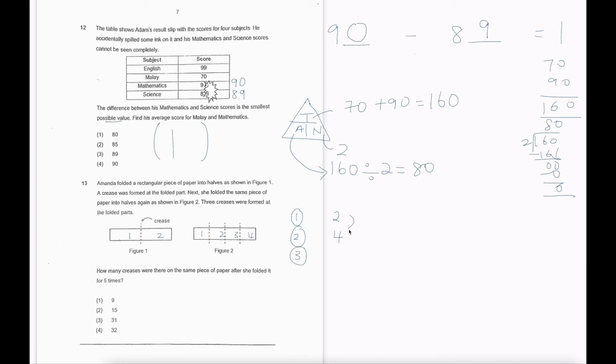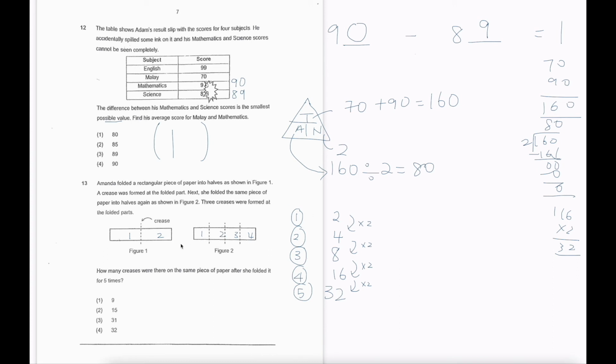My paper gets divided into, it's a multiplication of 2. Okay, so my paper gets folded into 8. 4 times, 16. 5 times, 16 times 2. Okay, 32. So it will be folded into 32 parts.